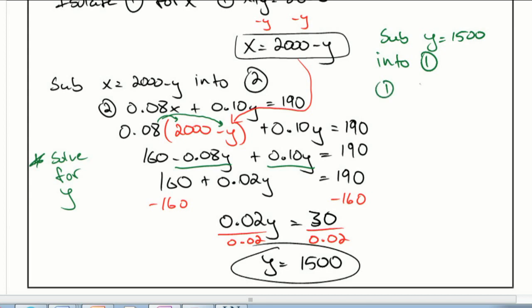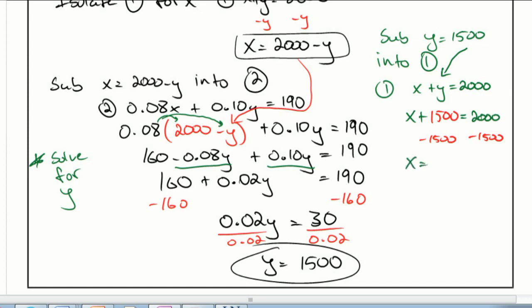Equation number 1 was x plus y was 2,000. I'm saying y is 1,500, so I'm going to get x plus 1,500 is equal to 2,000. I'm going to subtract 1,500 from both sides, and I'm going to get x is equal to 500.